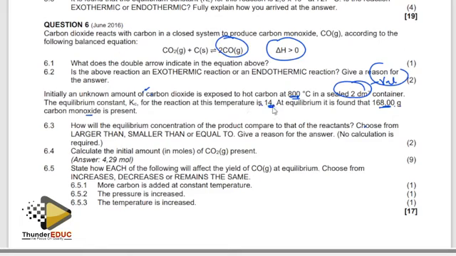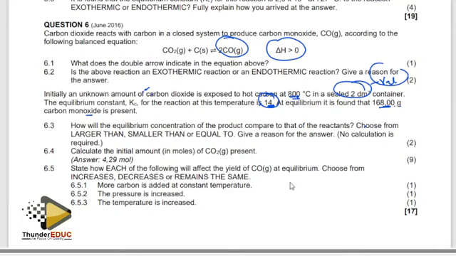Okay, now I see. This is 14. So if the Kc is bigger than 1, then it means that the product is more than the reactant. If the Kc is less than 1, then the product is lower than the reactant. Let me give you an example.